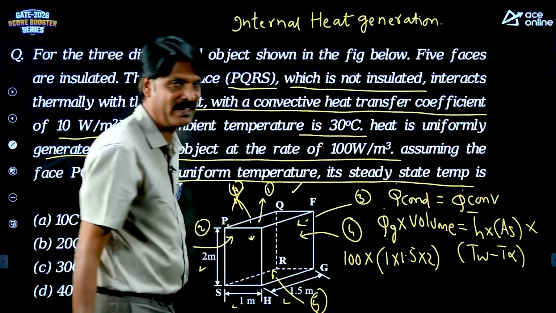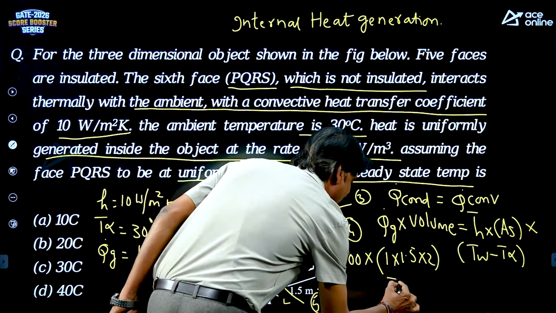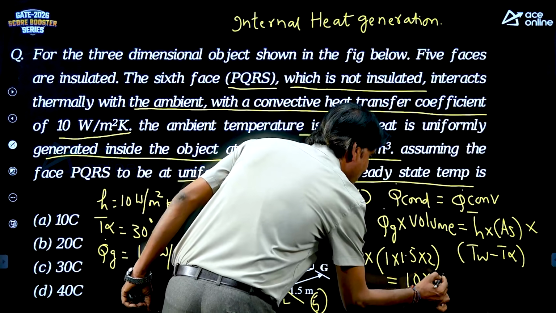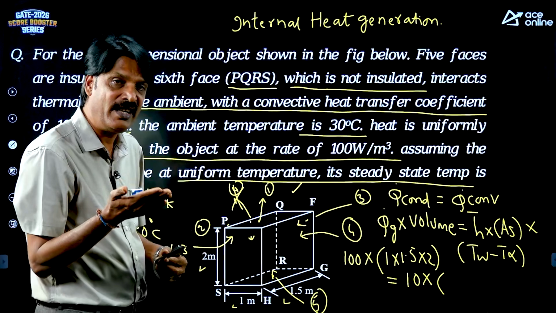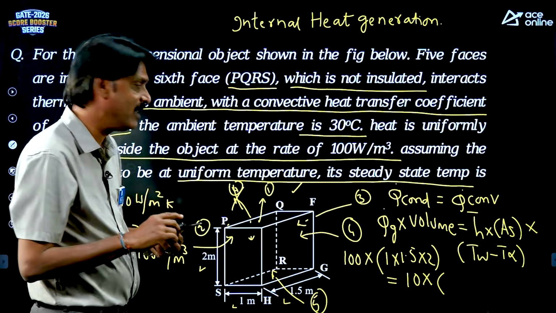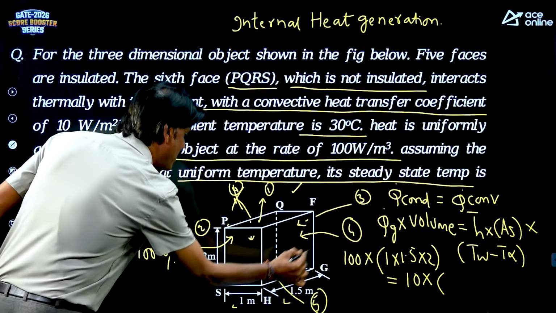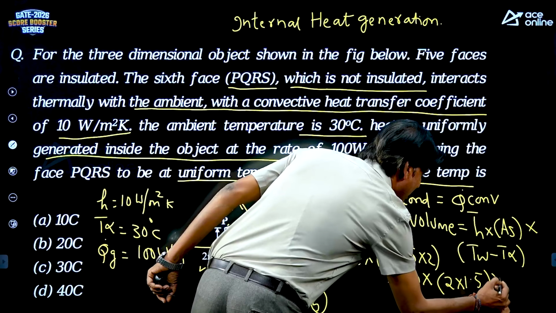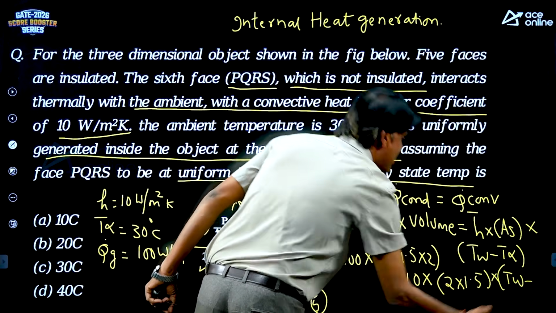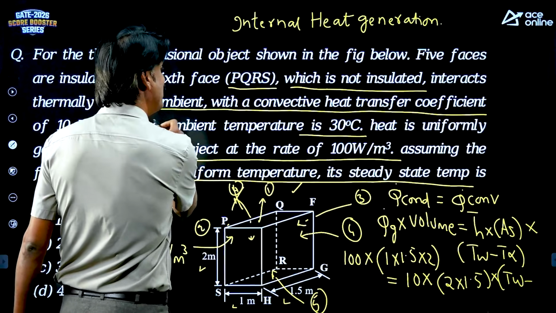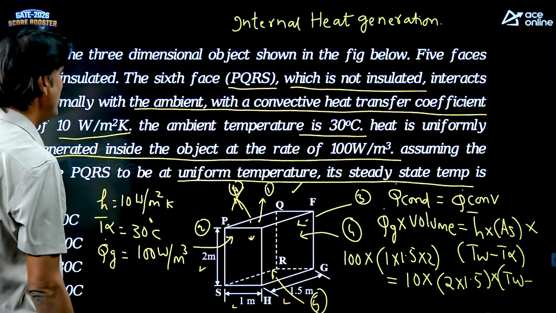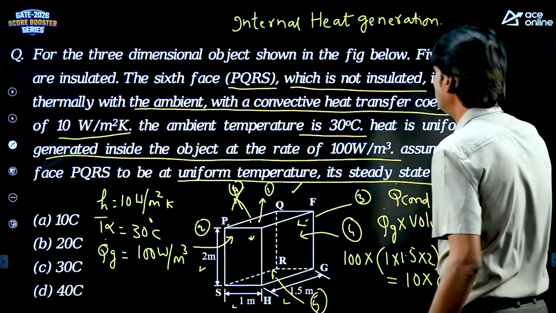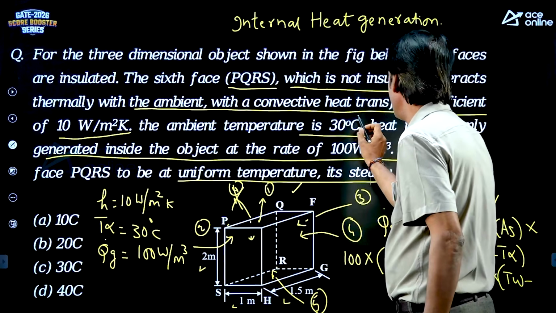This is equal to h, which he has given as 10, into surface area, the area which is uninsulated and exposed to the ambient, that is 2 into 1.5, into wall temperature minus the ambient temperature, which he has given as 30 degrees centigrade.